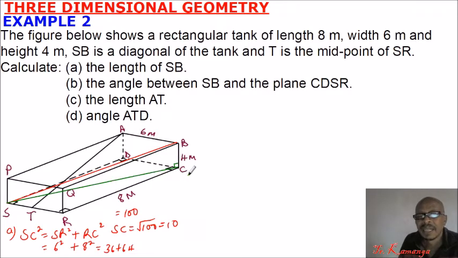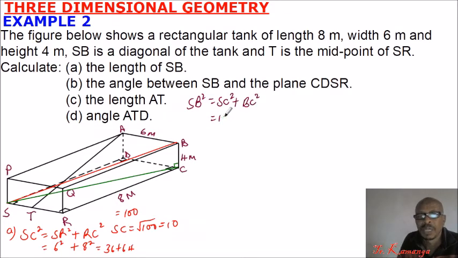Once you get SC, now we can use it to get SB. SB squared is equal to... SCB is a right angle triangle, so we use the Pythagoras theorem. SB, which is the hypotenuse, is equal to SC squared, which we have obtained here as 10, plus BC squared.